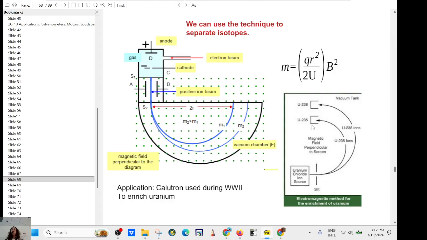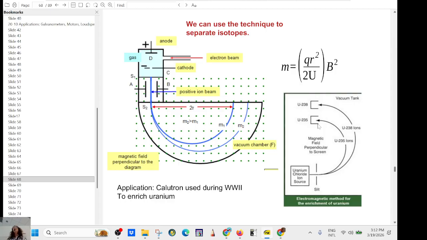So you have uranium-235, uranium-238. Which one has more mass? Uranium-238. Okay, so when you apply a magnetic field, this one will have a larger curve, this one will have a sharper curve. And that's how they enriched uranium for the first atomic bomb that went to Hiroshima. That's how they did it.